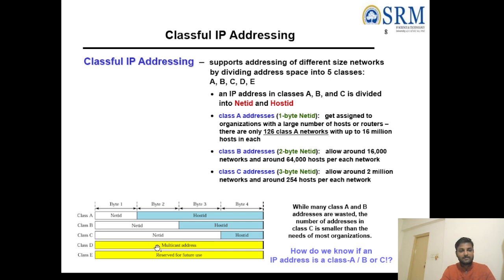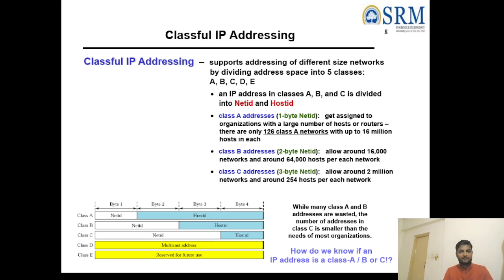Class D and class E: class D is for multicast addresses, because sometimes we have to send a message to many computers, and individually we cannot send to every computer separately.